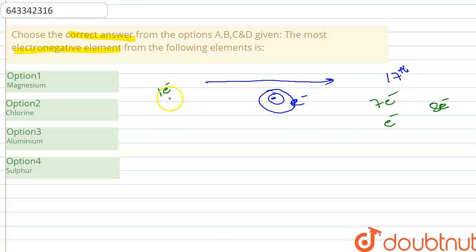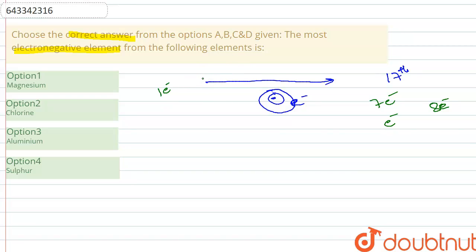These elements require 7 more electrons to fulfill the electronic configuration of noble gases, which is very tough for them and very energy consuming. So instead of accepting 7 electrons, they release that 1 electron and attain the nearest noble gas configuration. So these elements have less electronegativity because they do not have the tendency to attract electrons, but they have the tendency to lose electrons.